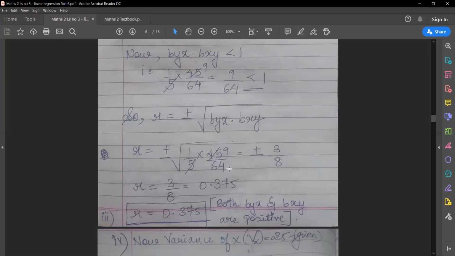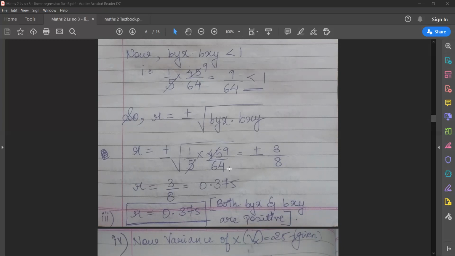On cancelling, you get the answer as plus minus 3 by 8, which is nothing but 0.375. Now can you tell me class, why have I kept it positive? Can anybody tell me? Yes, as both the regression coefficients are positive, R will also be positive.